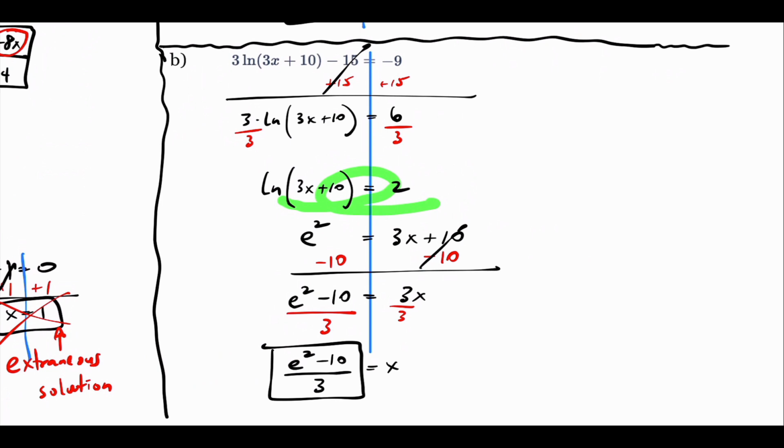Okay, so I got natural log by itself. I added 15 to both sides, divided by 3, changed it to an exponent. So I have e squared minus 10 divided by 3. That's my exact answer, right? This is the exact answer, because if I put this number in my calculator, I'll show you.